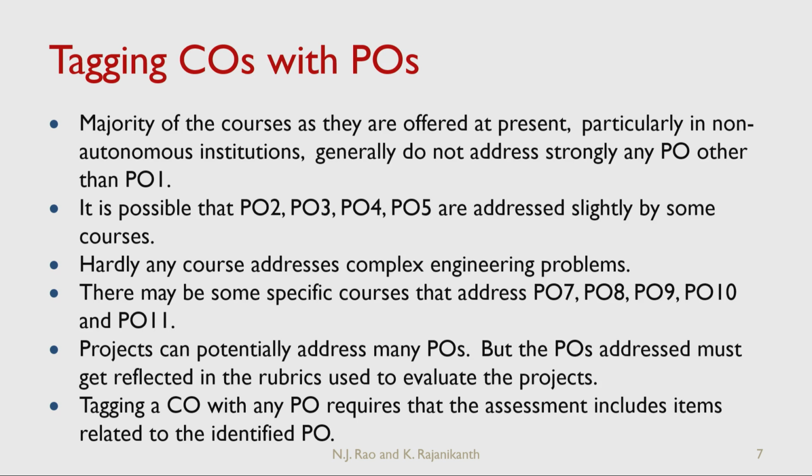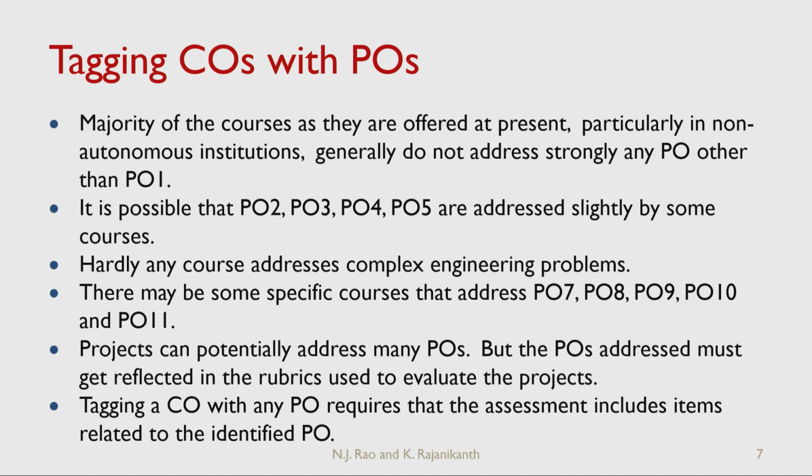There may be some specific courses that address PO7, PO8, PO9, PO10 and PO11. Even some activities may address PO12: engineering and society, environment and sustainability, ethics, teamwork, project management and finance, communication, self-learning, lifelong learning.